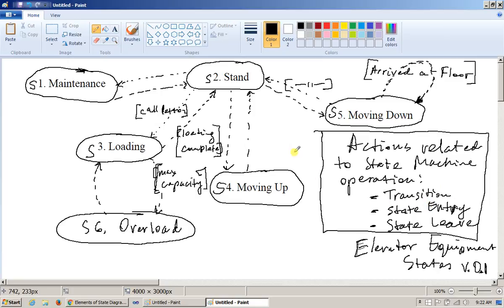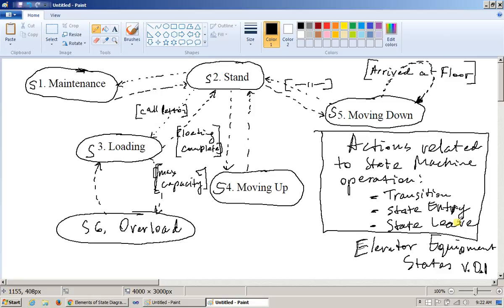Essentially, if you think about it, both entry and leave are kind of transition related. But remember, there could be multiple transitions that transfer you from one state to another, right? So therefore, the three, state transition, state entry, and state leave, can be differentiated. If you say that upon entry into a standing state, I want the doors to be closed, you really don't care what transition took place, what took you into the standing mode.